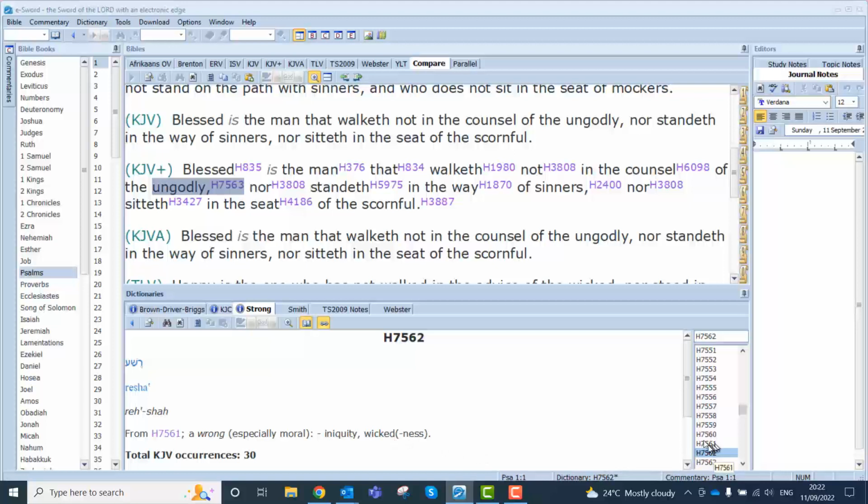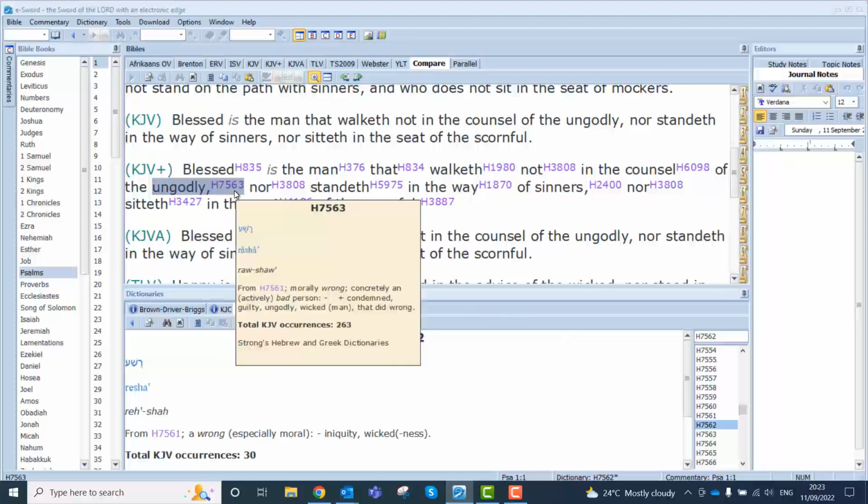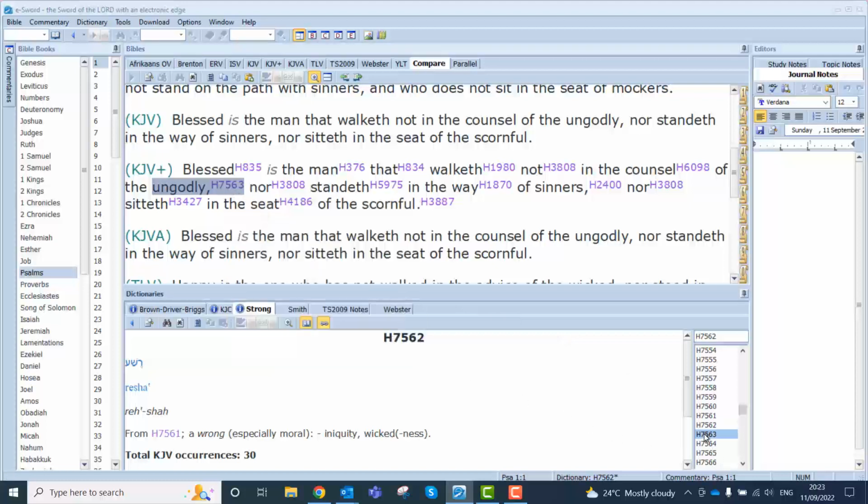All your words that are related to one another will have numbers that follow on each other. So where the original 7563 is Rasha, it only says to be a bad person, to be ungodly, to be wicked. But when you go to 62, you can see that it means to be wrong, to do iniquity. Now, when you do a further search on iniquity, you will find that that is lawlessness.